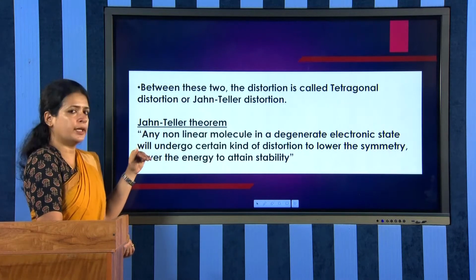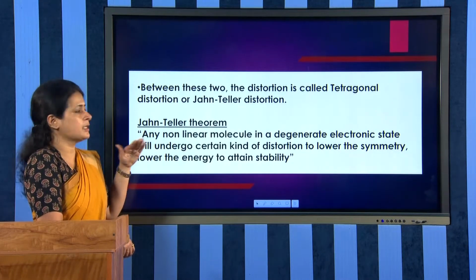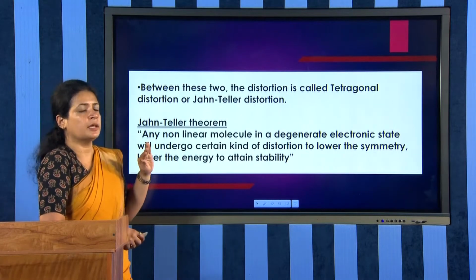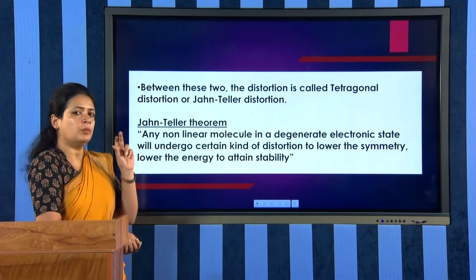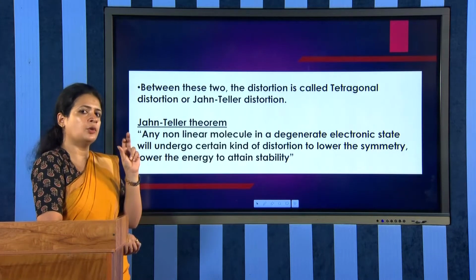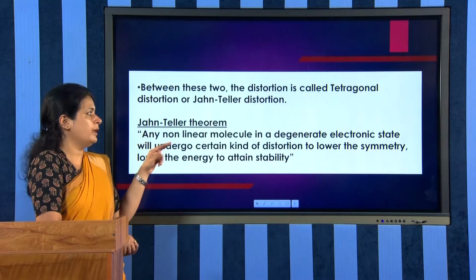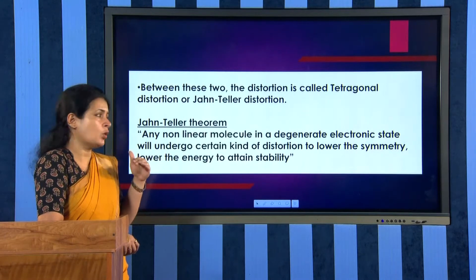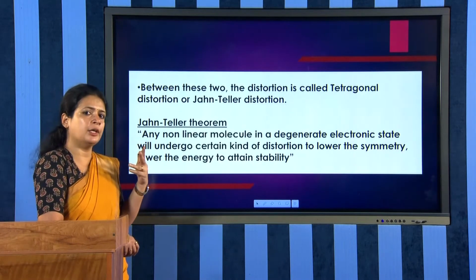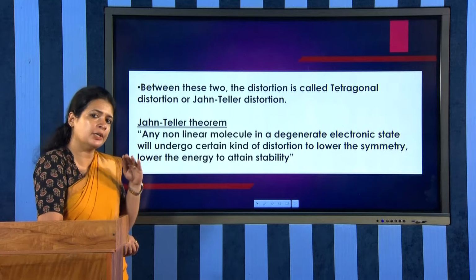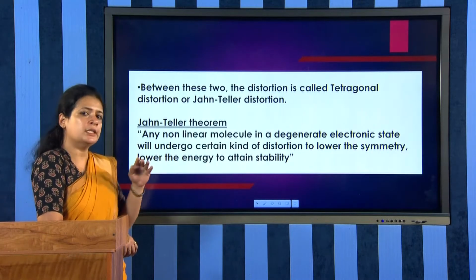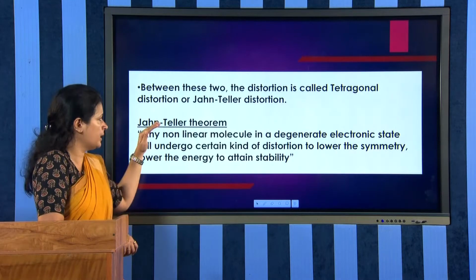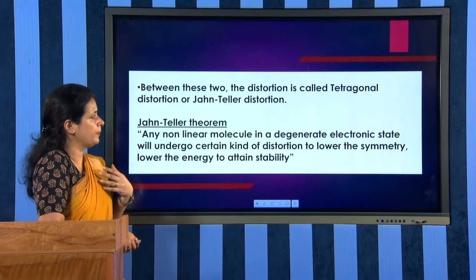So, it is concerned with the degenerate electronic state. Any nonlinear molecule with a degenerate electronic state will undergo some kind of distortion. Why is it undergoing distortion? To lower the symmetry, lower the energy, that is, to attain stability. That is all about the Jahn-Teller theorem.